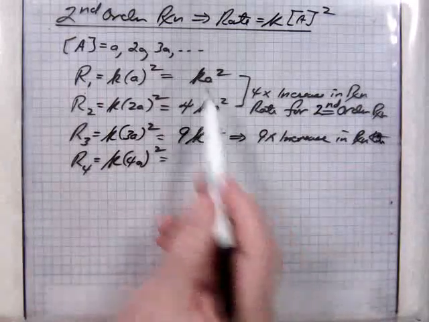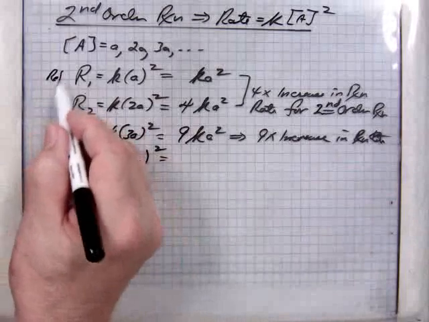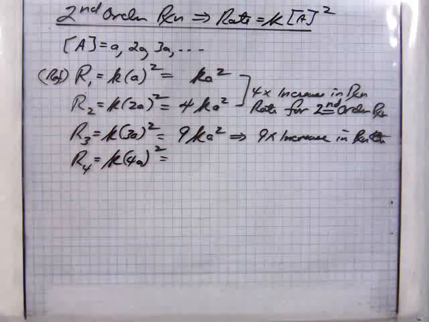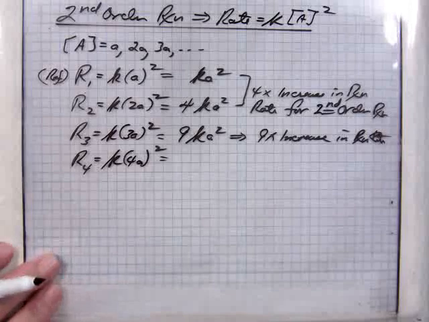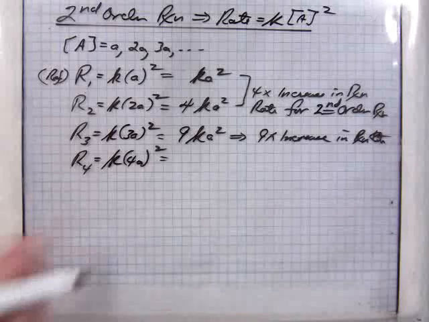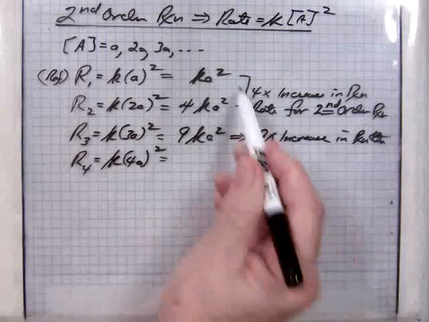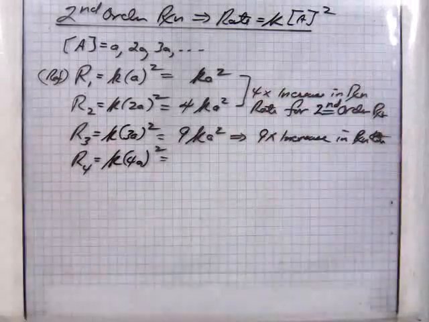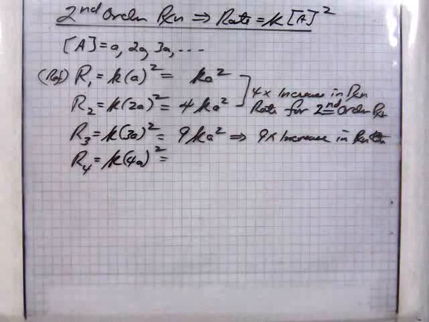So again, this is your reference. You always have to establish a reference somewhere, and then you look at how big the change is, and then you assign the order of reaction, like the X or the Y. In this case, if you saw this trend, then you would assign a 2 to the exponent, and it would be second order.